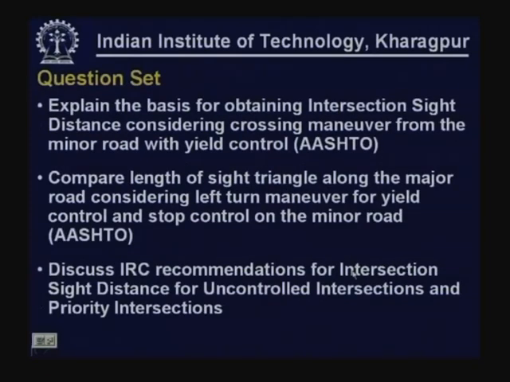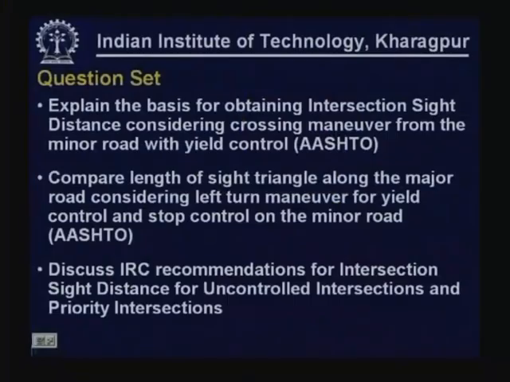Now, let us try to answer some of the questions. Explain the basis for obtaining intersection side distance considering crossing maneuver from the minor road with yield control. This is what is the basis used in AASHTO for this particular situation.